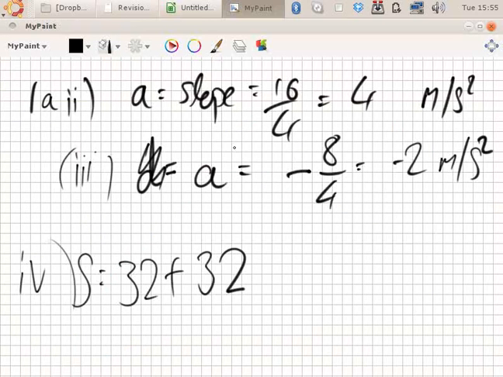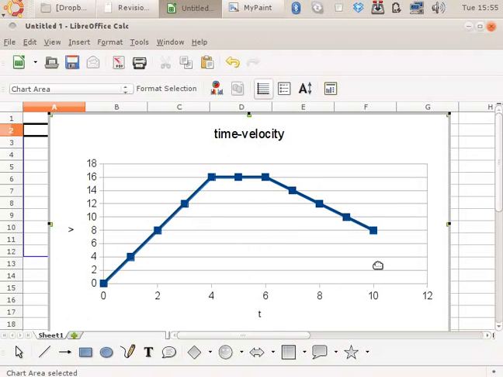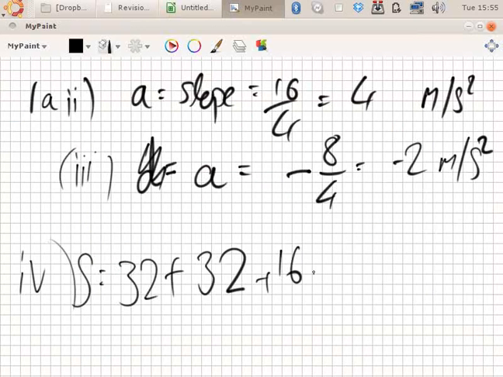And then finally this rectangle here, 4 multiplied by 8, which is 32. So that would be 96 plus 16. So the answer is 112 meters, the total of the 4 areas added together.